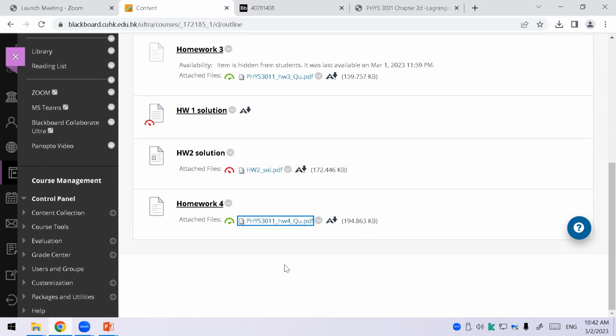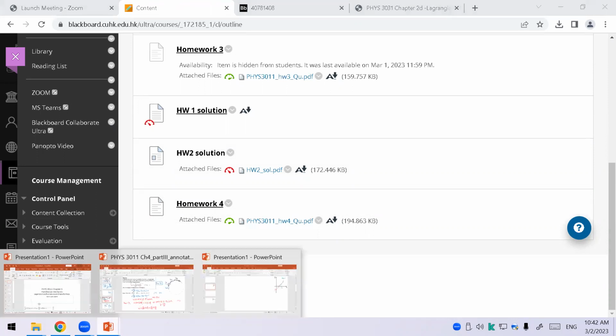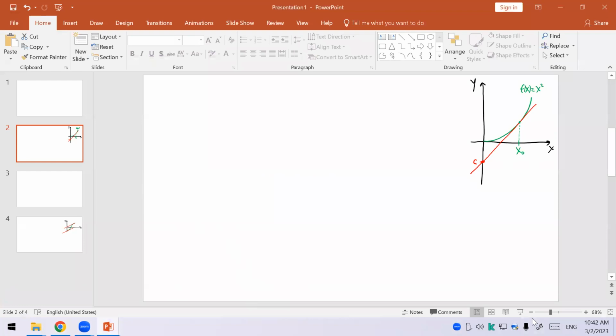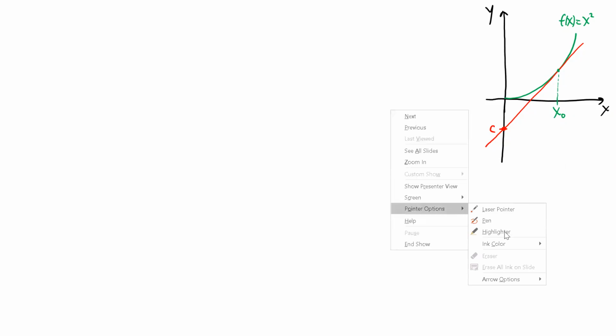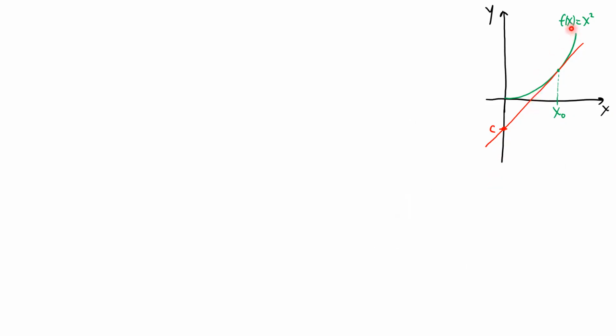Before I get into the lecture notes of the chapter itself, I want to first use an example to introduce the concept of the so-called Legendre transform. Look at this picture over here. What we have is just a very simple function, f of x equals x squared. This is a function.